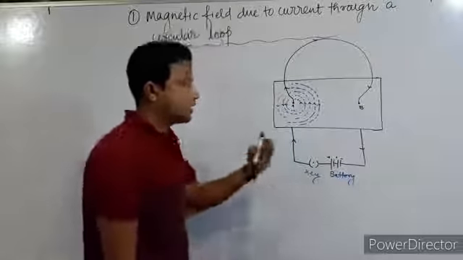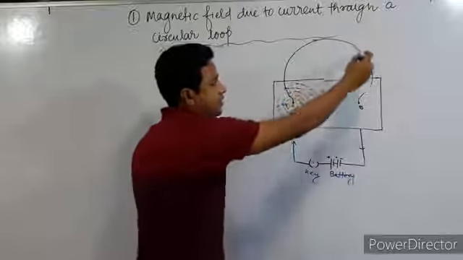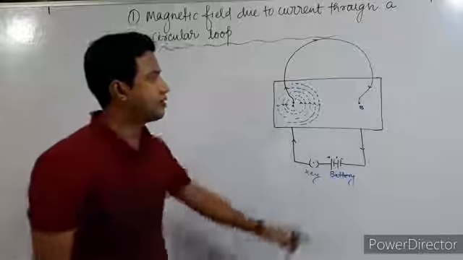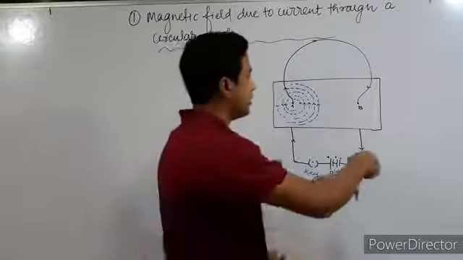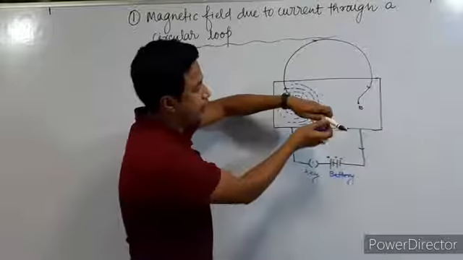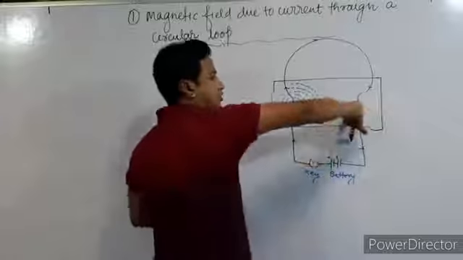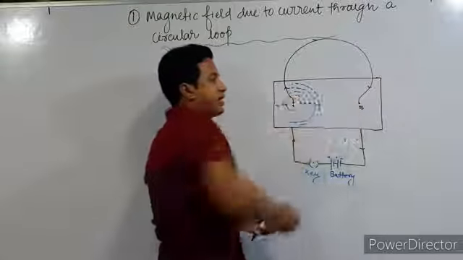Now let's go to point B. When the current reaches here, this also behaves like a straight conductor, and the current is going in the downward direction. If I hold like this, this is the direction of current, and this is the direction of the magnetic field.